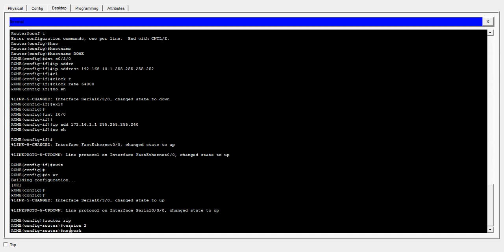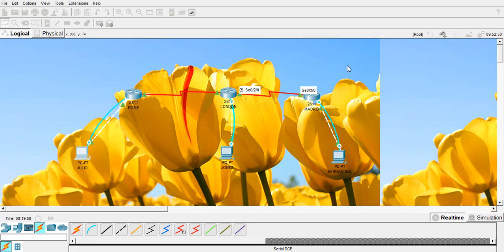Now, when you type network, we are trying to advertise directly connected networks to the router. Recall that when we discussed static routes in the previous class, we told the routers about routes that are not directly connected to the router.